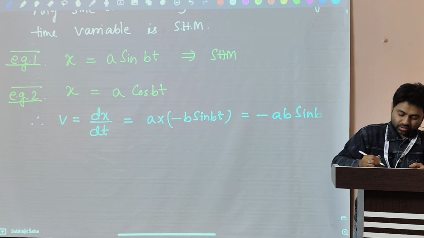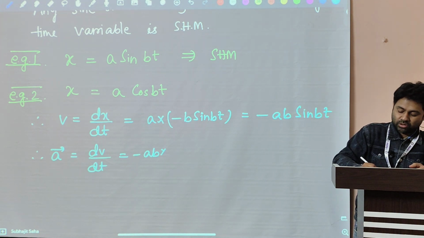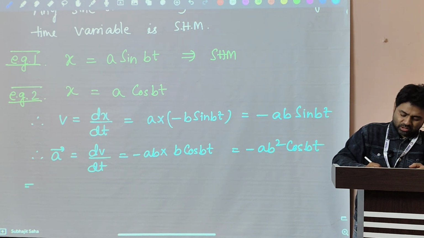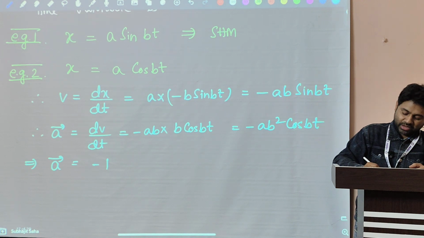So acceleration vector is dv dt, derivative of velocity, minus ab times b cos bt, minus ab square cos bt. If we rearrange the terms, it will give us minus b square times a cos bt.